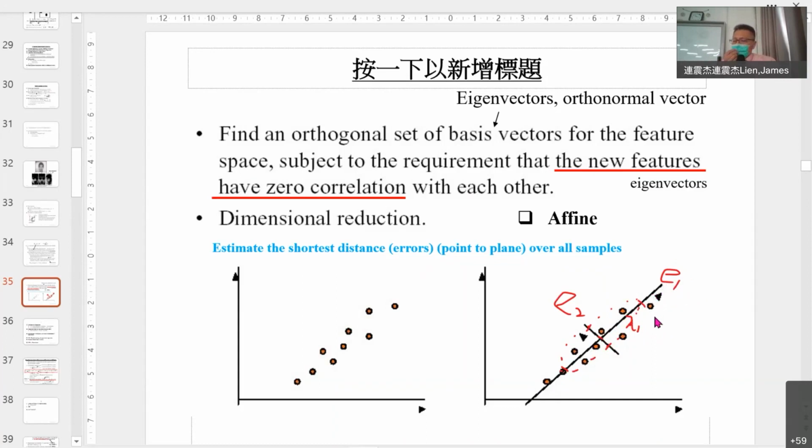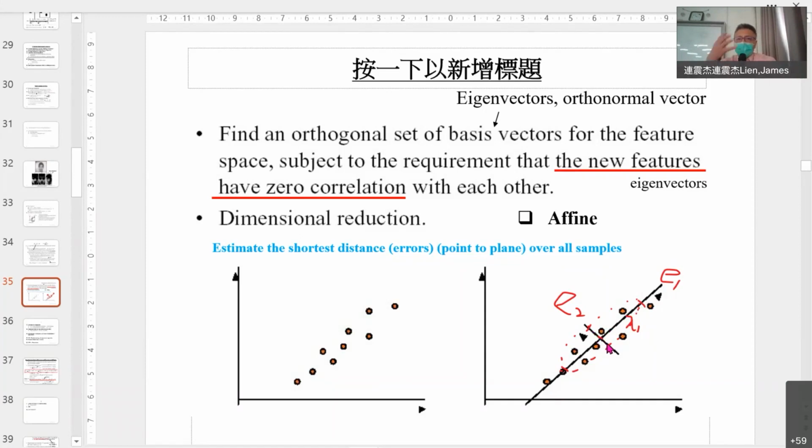That means along eigenvector 1, each point projected on it can be separated the most. Then project to eigenvector 2, and they can be separated the second most.